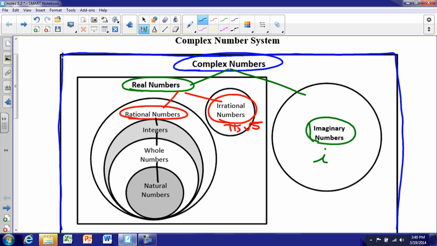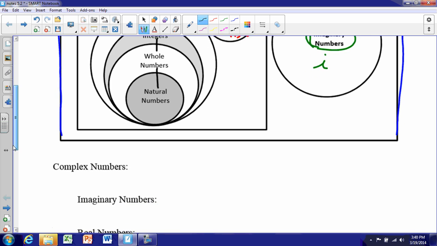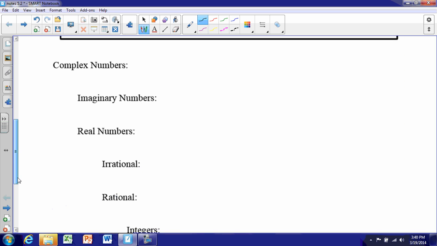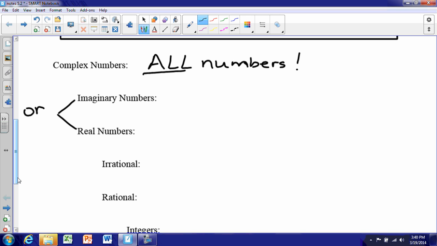So let's look at some definitions for all of these, okay? Let's start with complex numbers. Complex numbers, this one's easy, are all numbers, no matter what, all numbers. So if I ask you if a number is complex, yes, it is. Every single number is complex. Well, then I said complex numbers break into imaginary or real.